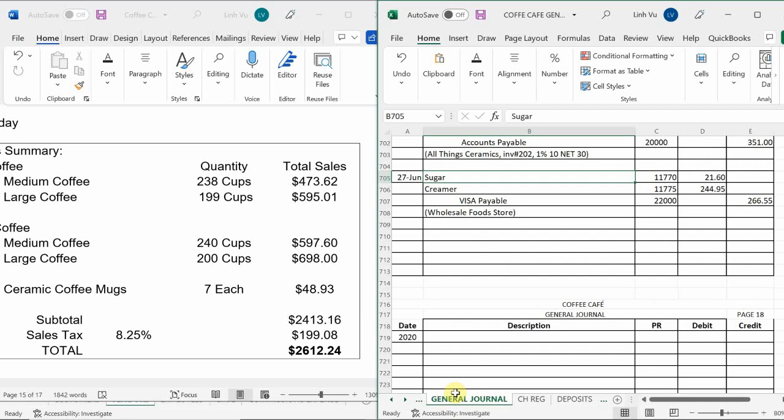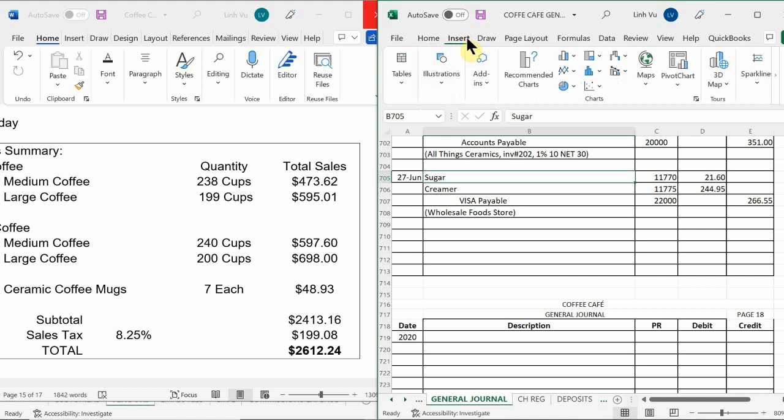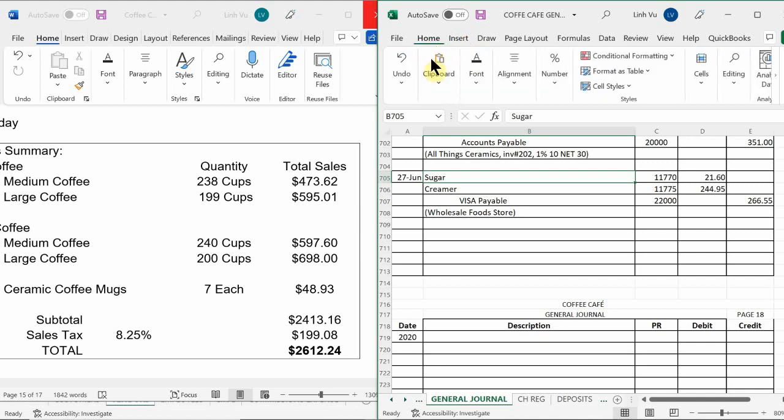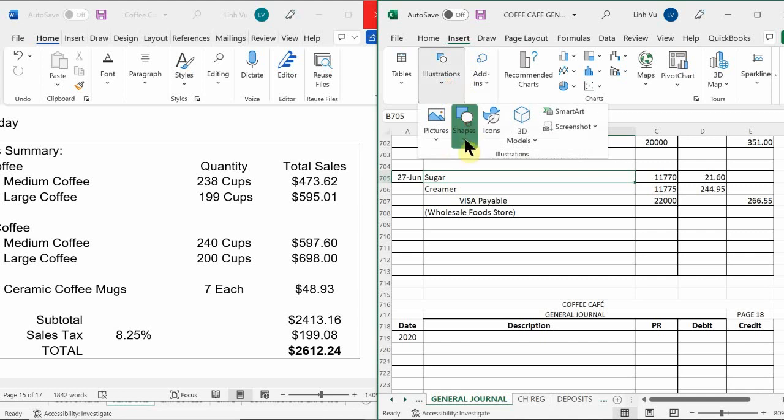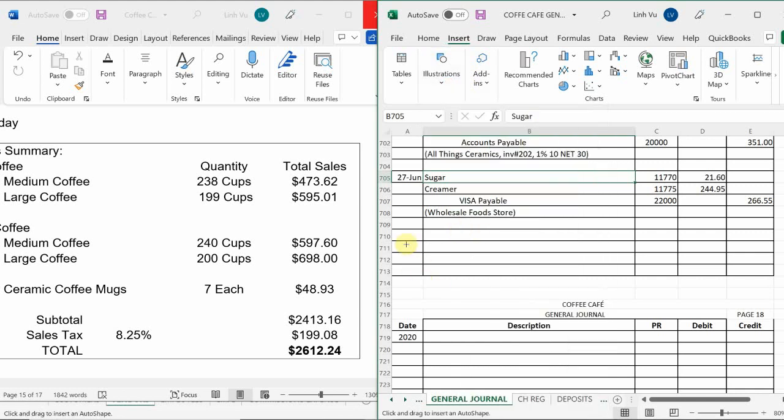In this case, there's definitely not enough space right here on our journal. So we're going to be moving on to our next page here. So journal number 18. I'm going to block that off by inserting a shape. We are drawing a line here.